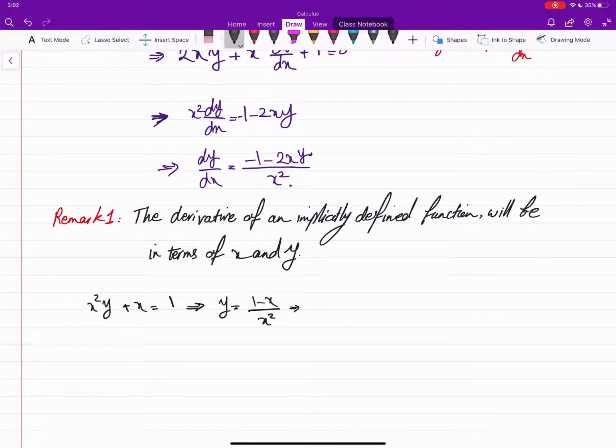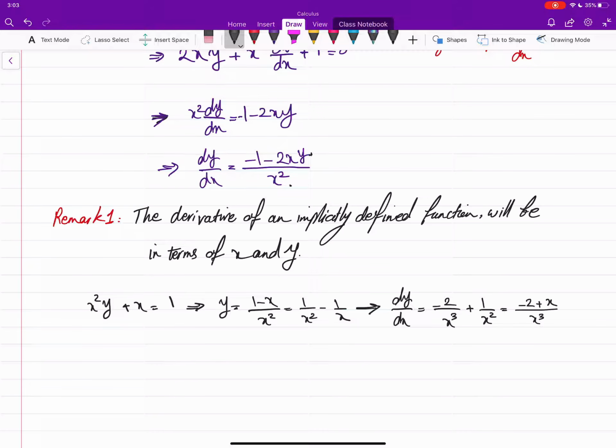We can simplify a little bit more: this is 1 over x squared minus 1 over x. If it can be written explicitly in terms of x, then differentiating is not difficult. This will give us negative 2 over x cubed plus 1 over x squared, which is negative 2 plus x over x cubed.